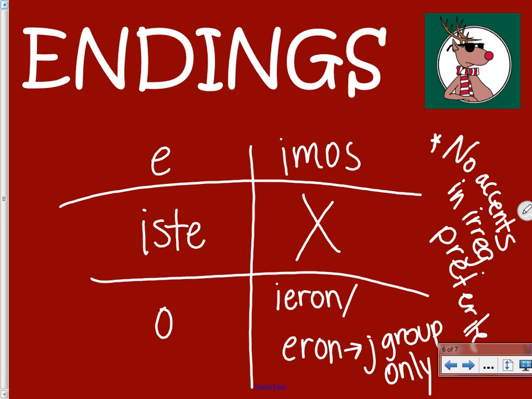Okay. No accents in the irregular preterite. Gotta love it. Cool. All right. So you can pause it if you need to copy, or if you need to rewatch this and listen to it, that's great.